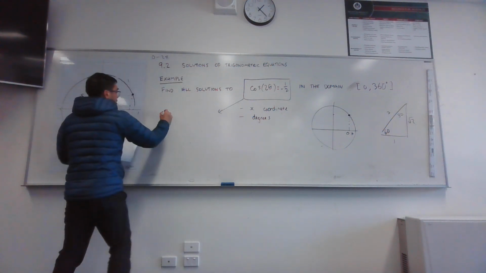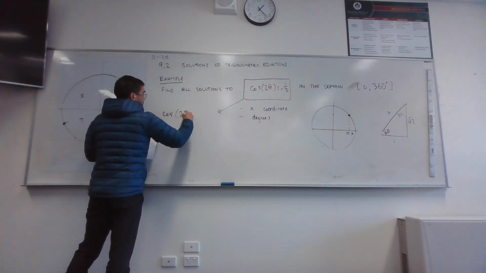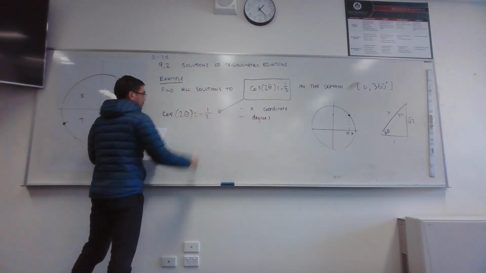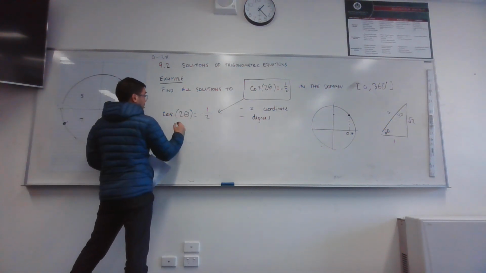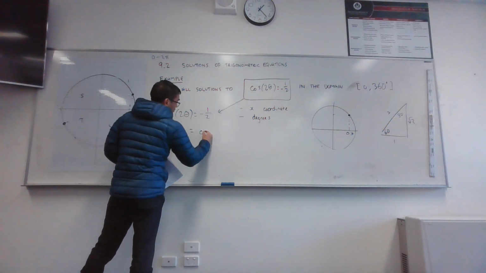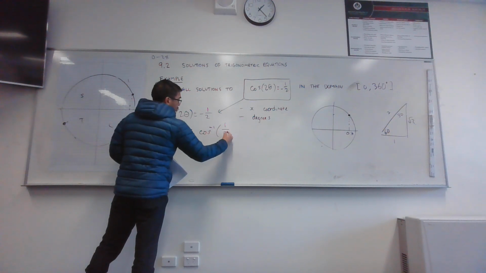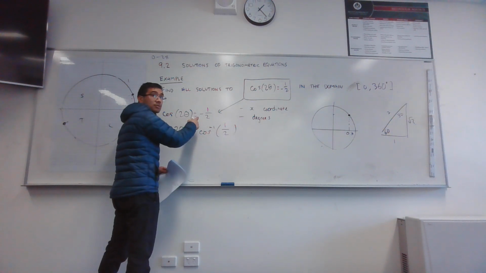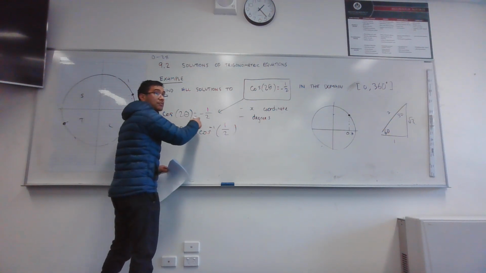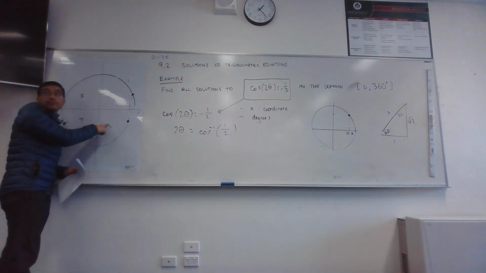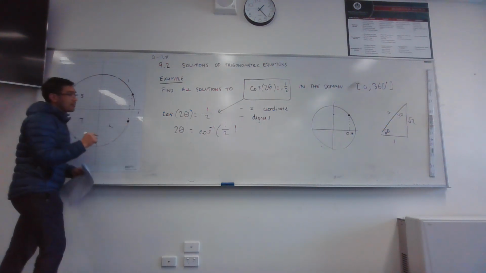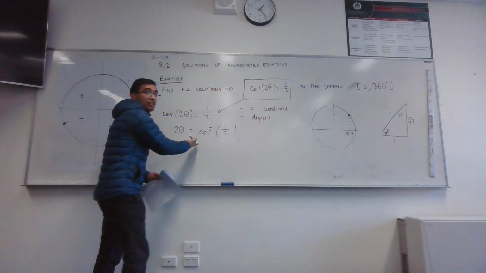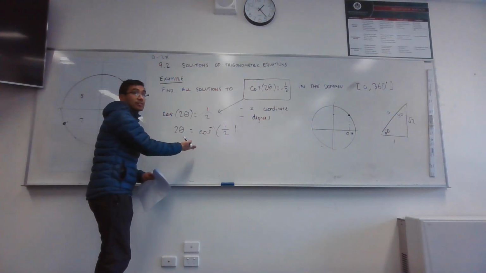So let's do this. I'm just going to rewrite the question. Remember, to find this angle here, we do an inverse cosine. I'm going to ignore the half here because the negative is going to turn out in our diagram. If I have a half, you've punched that in your calculator, you'll get an answer already.